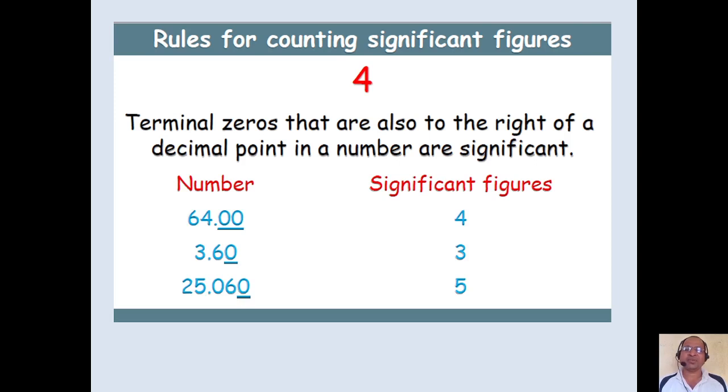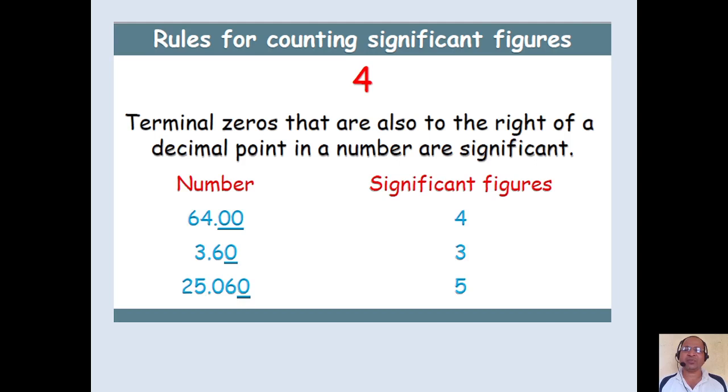In the first example, 64.00, there are two zeros which are terminal zeros but with a decimal point. So these two zeros are significant, and such a number has 4 significant figures. The number 3.60, again the 0 comes at the last with a decimal place, so it is a terminal 0 and should be significant. So this number has 3 significant figures.